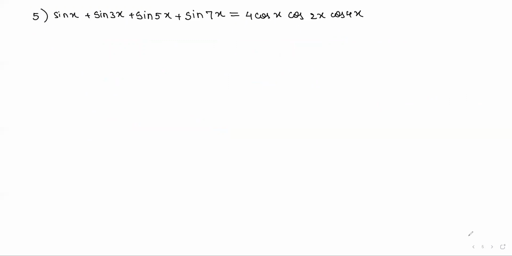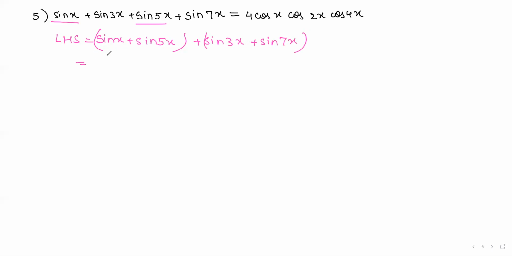In LHS you have 4 terms, and in RHS you have 1 term as the product of 3 trigonometric functions. Now let's group. You can ideally group either of the 2 terms. So your LHS is equals to sin x plus sin 5x, we are grouping this, plus sin 3x plus sin 7x.